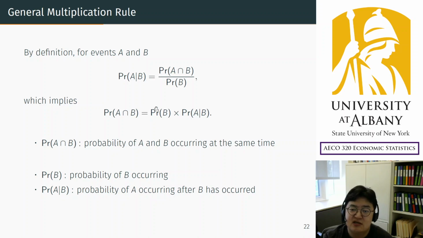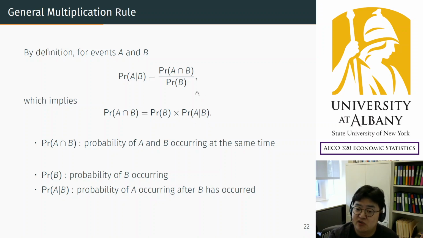So this is the unconditional probability for B. Then, if B happened among the observations, then check whether A happened or not.